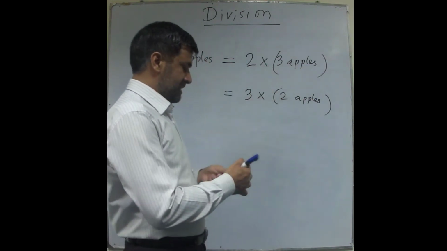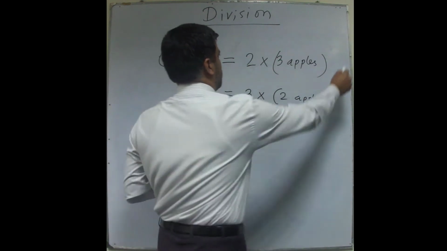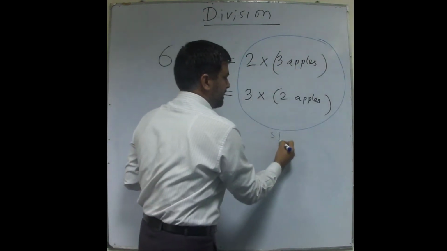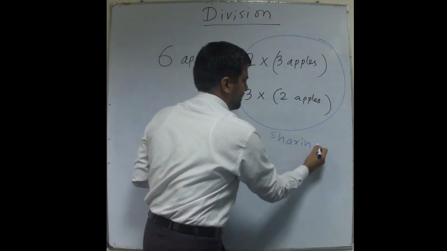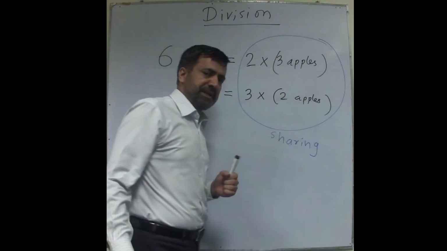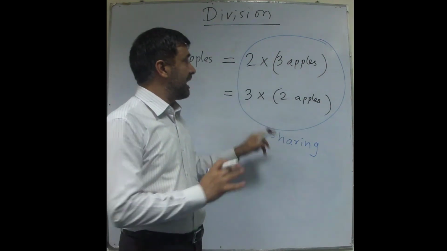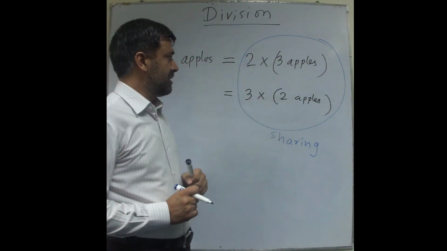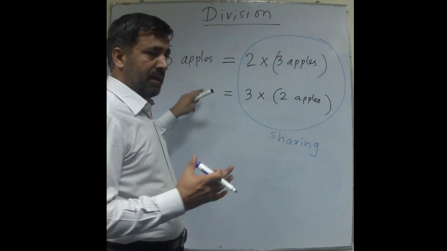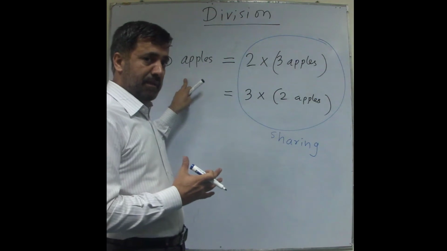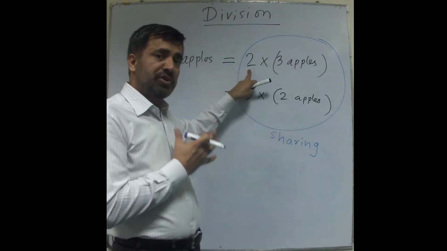These 2 are called the sharing interpretation of division. You will see why I call it division. You can see that in fact I'm dividing 6 apples among 2 groups.